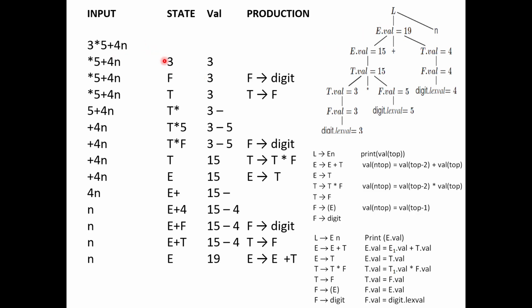So this 3 star 5 plus 4n can be explained similar to the previous slide. This is left for you for practicing. Then here in the state stack, it has avoided all the state symbols, just shown only the grammar symbol for simplicity.